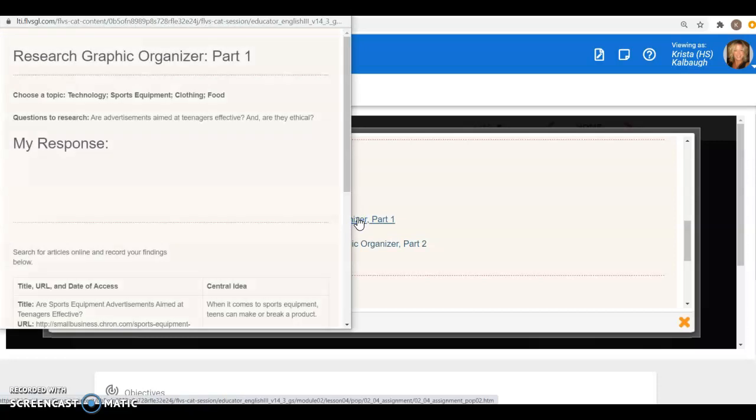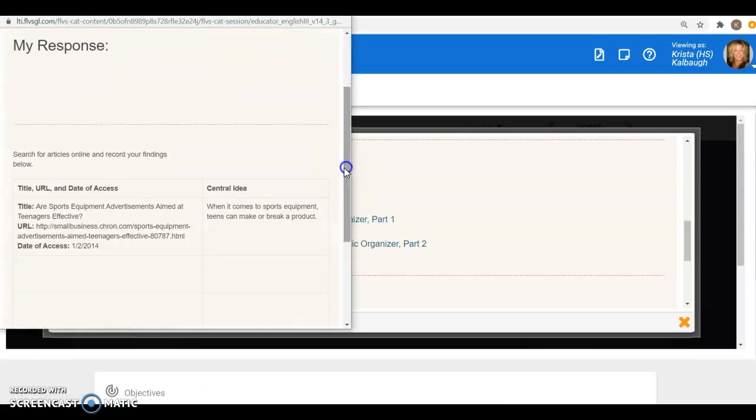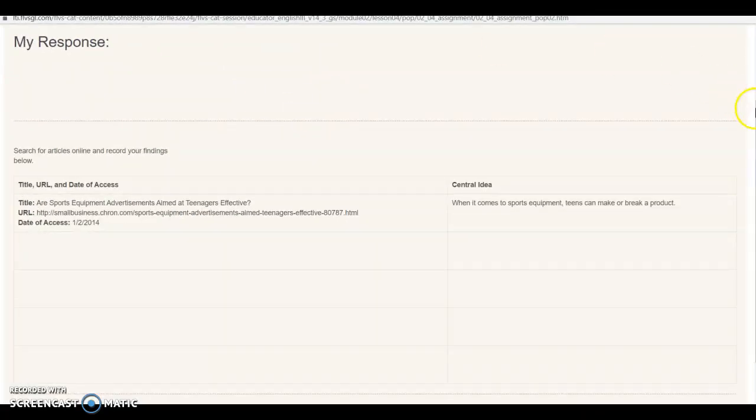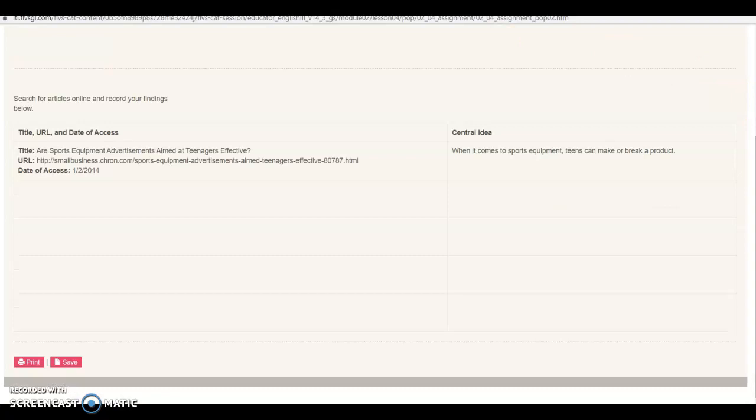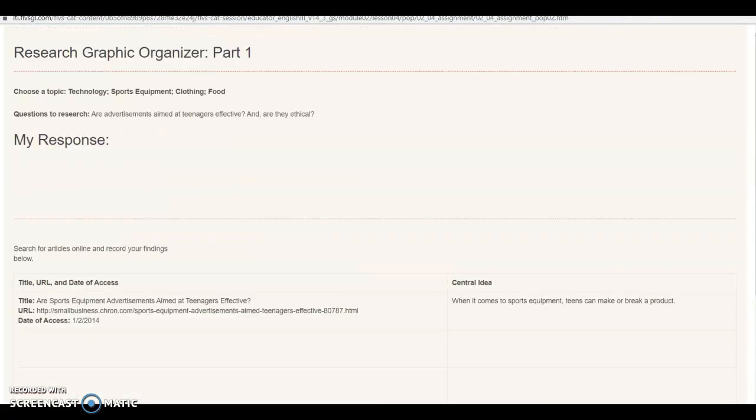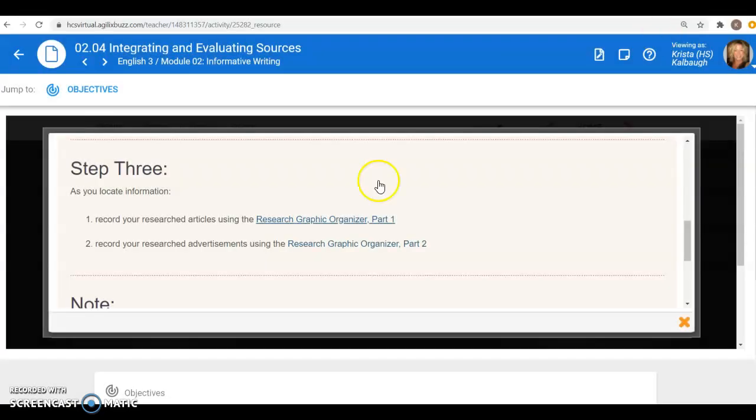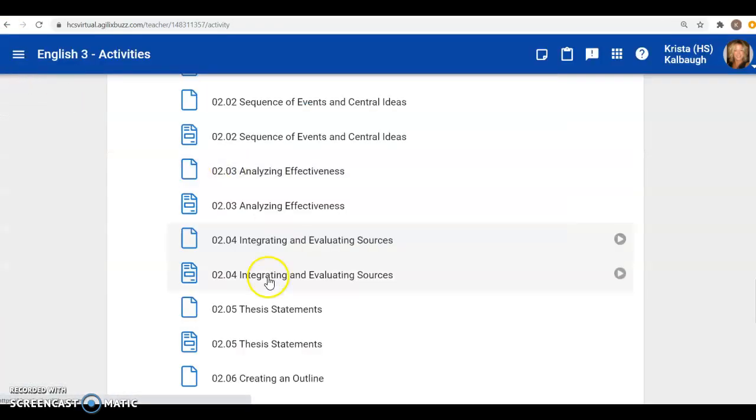For your part one graphic organizer, this is what you're going to use for 2.05, and you are simply going to add a thesis statement after you review the central ideas of all of those. So again, you are going to be using the graphic organizer that you did in 2.04, the first one, for assignment 2.05 when it comes to your thesis.